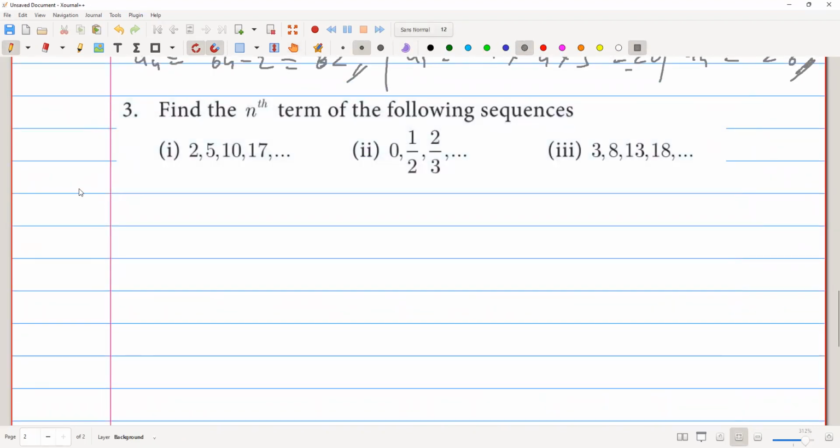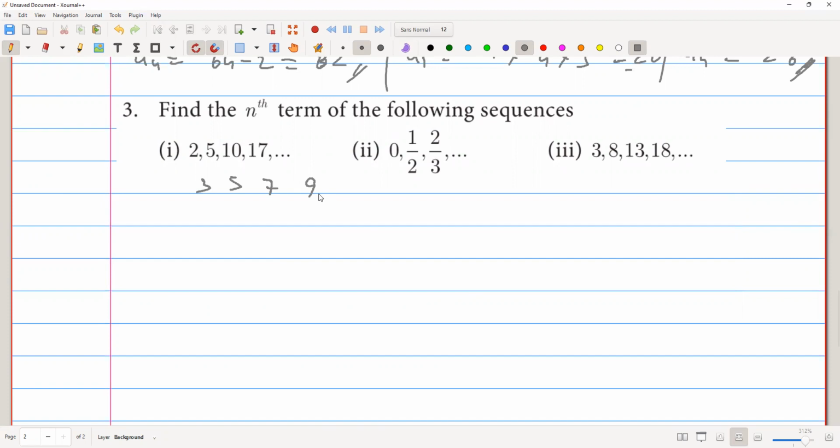Find the nth term. Is there a sequence? Plus 3, 5, 7; it is 3, 5, 7, then it should be 9.